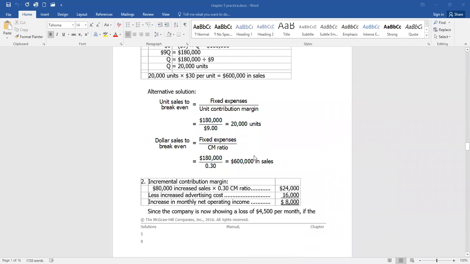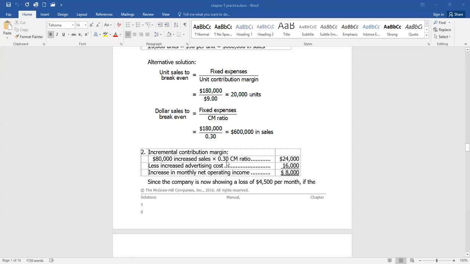In part 2, the president believes that a $16,000 increase in the monthly advertising budget combined with an intensified effort by the sales staff will result in an $80,000 increase in monthly sales. If the president is right, what will be the effect on the company's monthly net operating income or loss? Now, it says use the incremental approach. So in the incremental contribution margin, how much does he want to increase sales? $80,000.